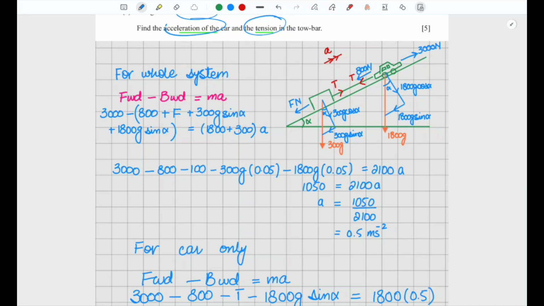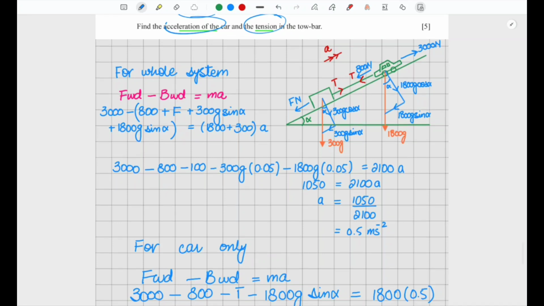Previously the force was given as F newtons, now they have given you 6000 for the trailer.